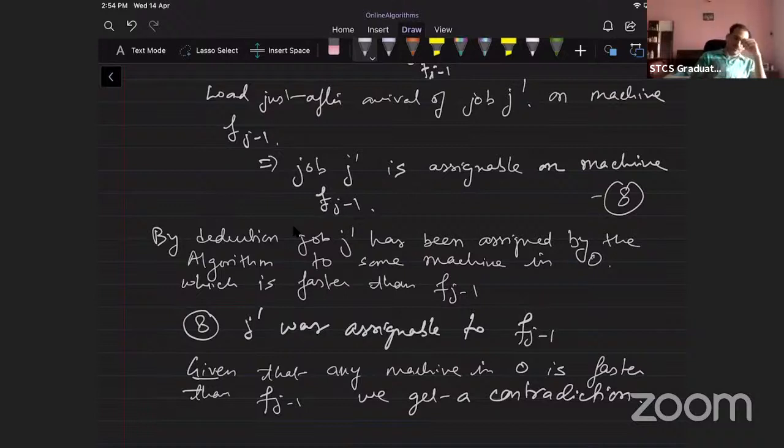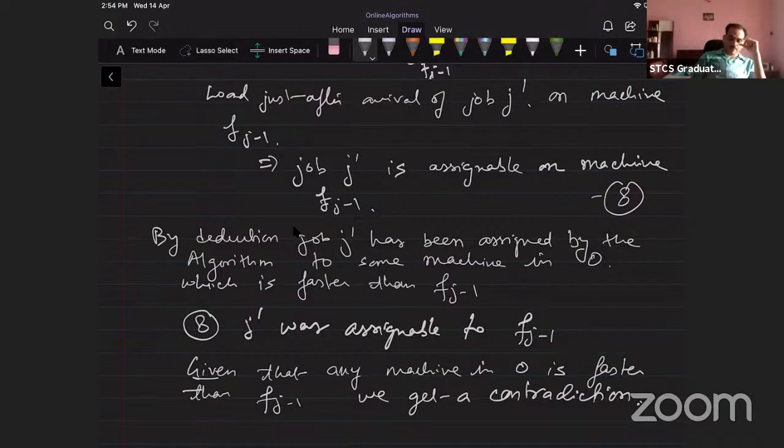So this gives us a contradiction: given that there is a job j which is unassignable, we construct another job j prime where the algorithm assigns it to the faster of the two machines where it is assignable, which is not allowed by the algorithm. So this assertion to begin with must be false.